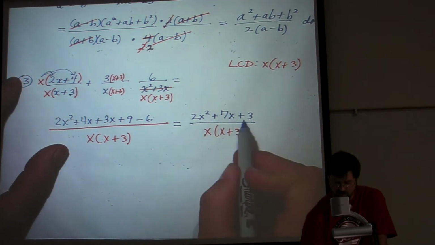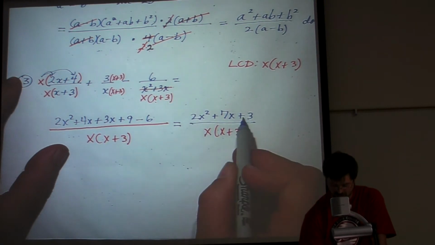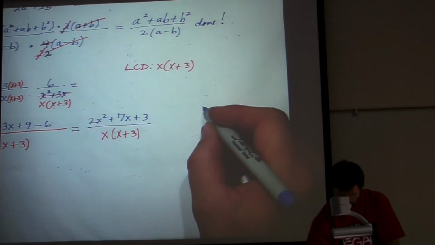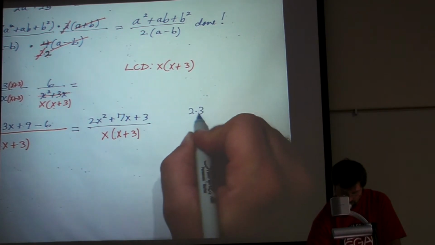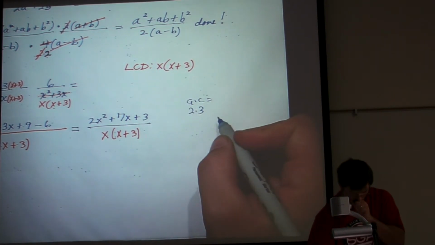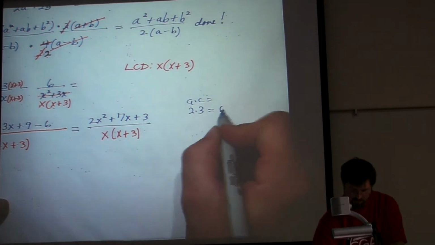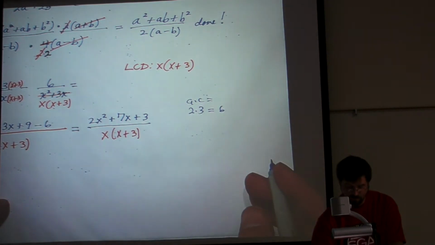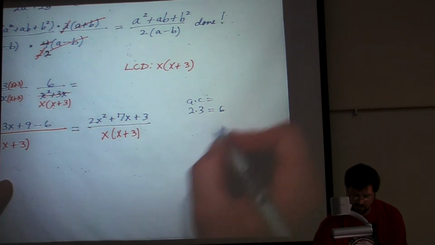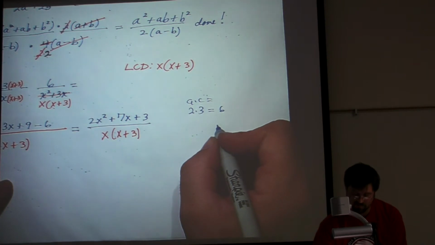So are there 2 factors of 2 times 3, a times c is 6. Are there 2 factors of 6 that add to 7? There sure are. They are 6 and 1.